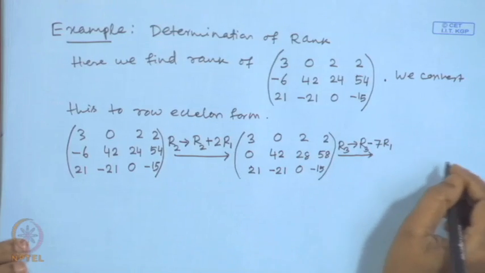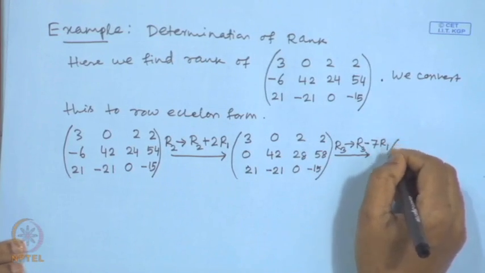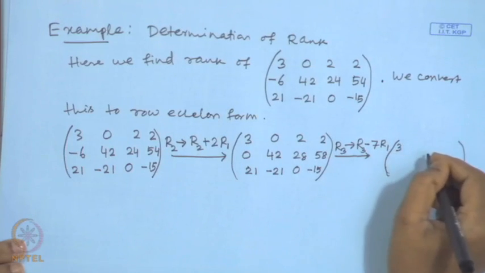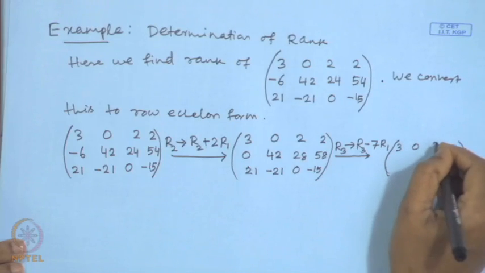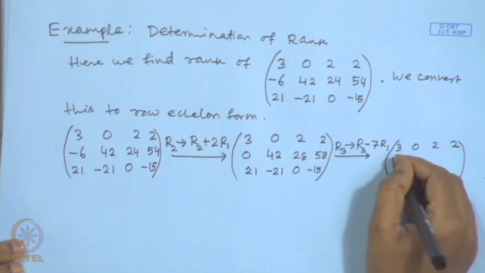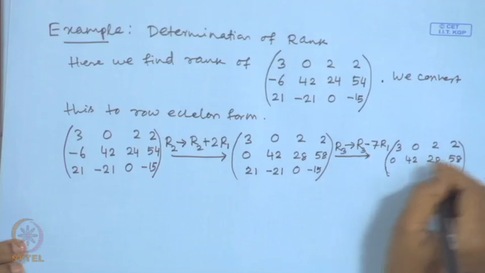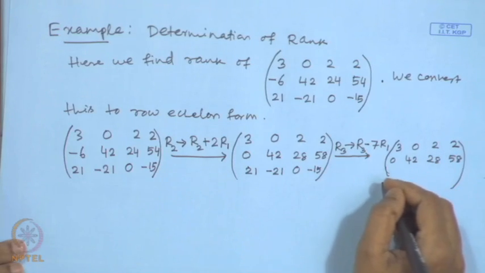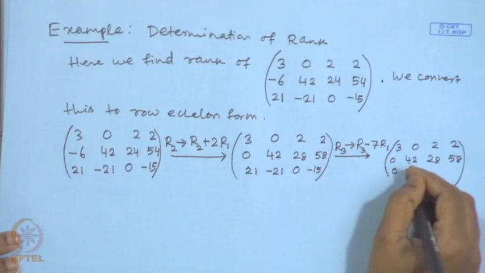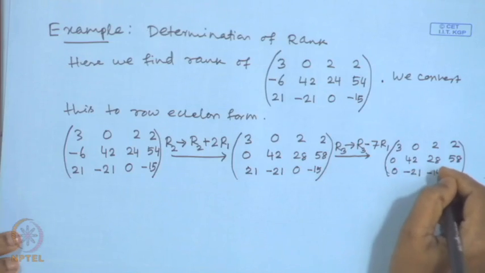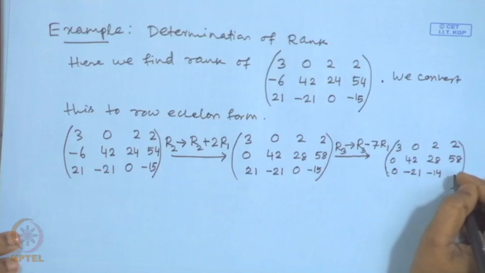So, we get this matrix: the first row is 3 0 2 2, then 0 42 28 58, and here we get 0 minus 21 minus 14 and minus 29.